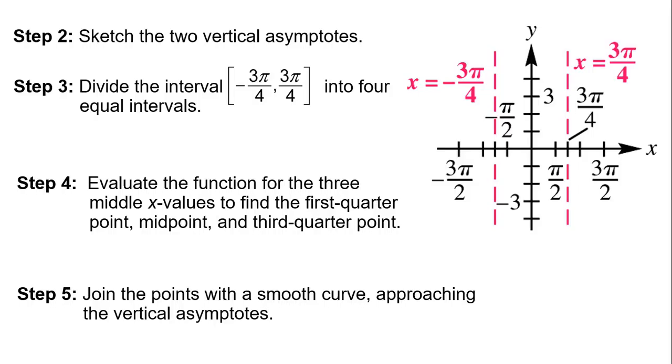We're going to do basically the same thing here. For a tangent function, the value that is going to be exactly in the middle of these 2 points here is going to be 0. Okay, so that's one of our values.